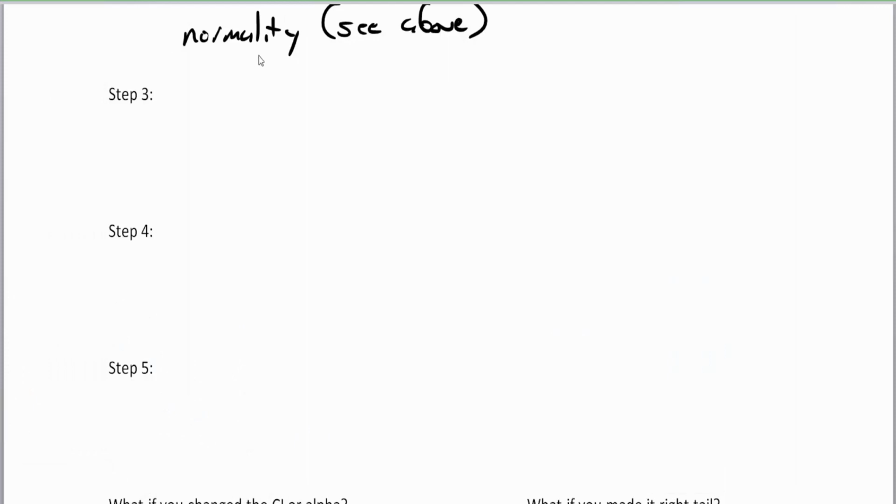Okay, so here we have step 3, putting down our important information. Our t-value was 2.01, and our p-value was 0.0717. Okay, so let's go to our picture.